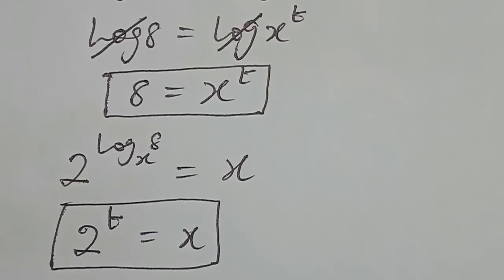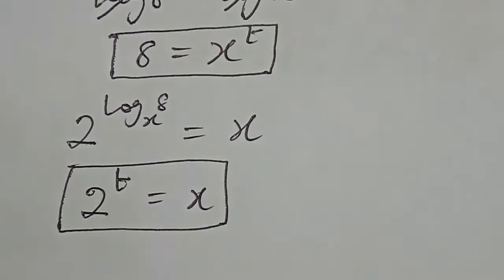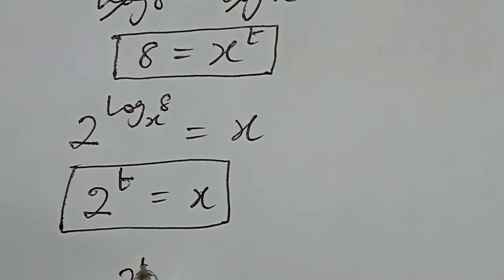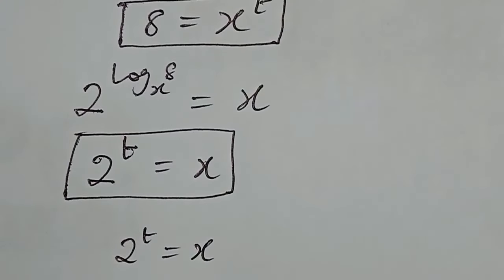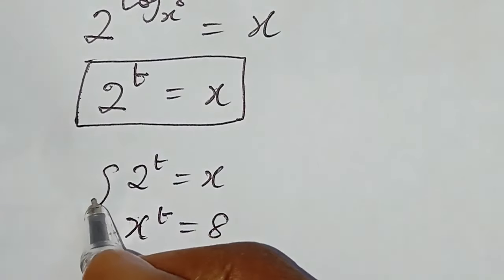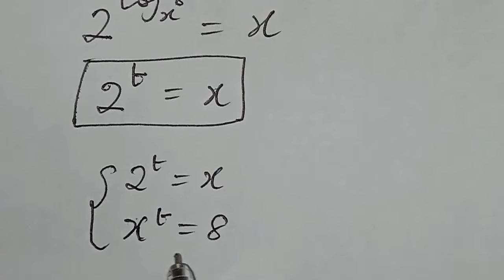In this case, the original equation and the derived equation give us two simultaneous equations, which implies 2 to the power of t equal to x and x to the power of t equal to 8.